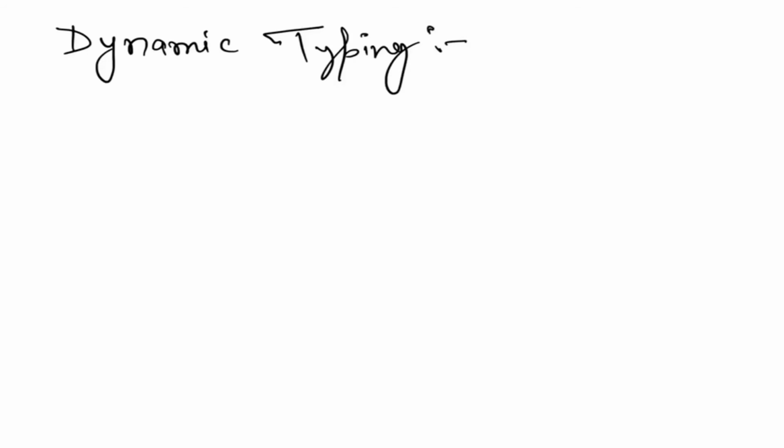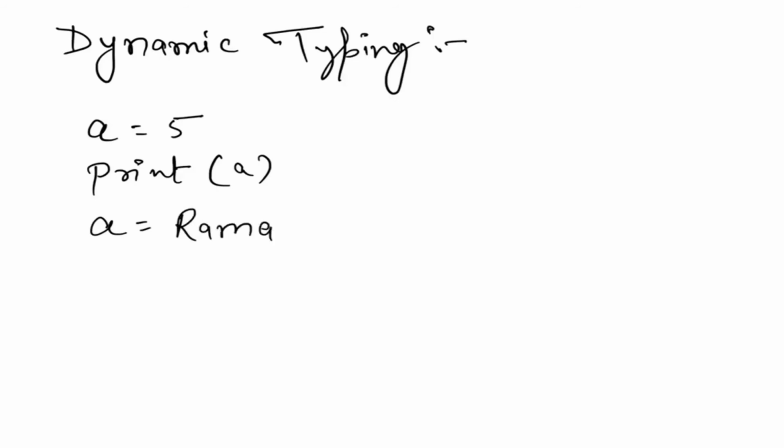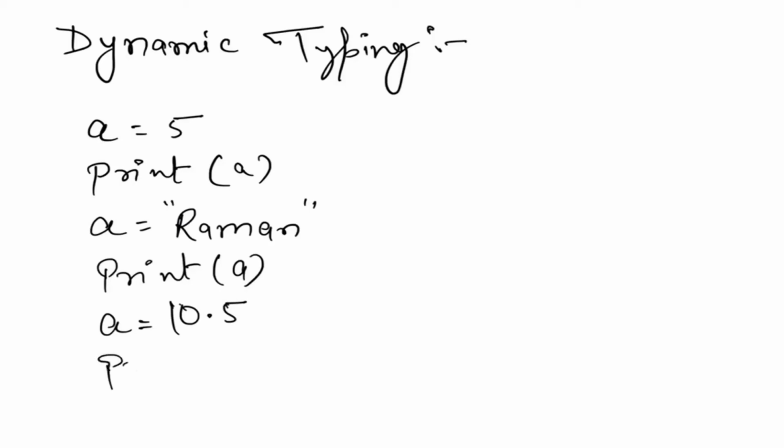So, if I write a program like a equals 5, print a, a equals Raman, print a, and then a equals 10.5, print a.